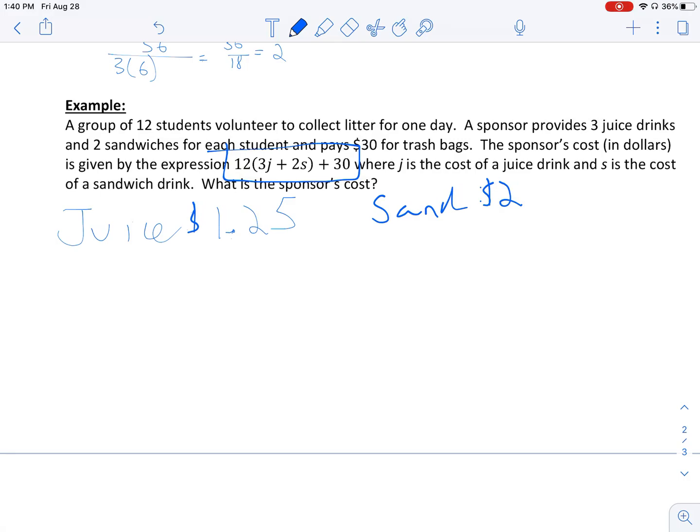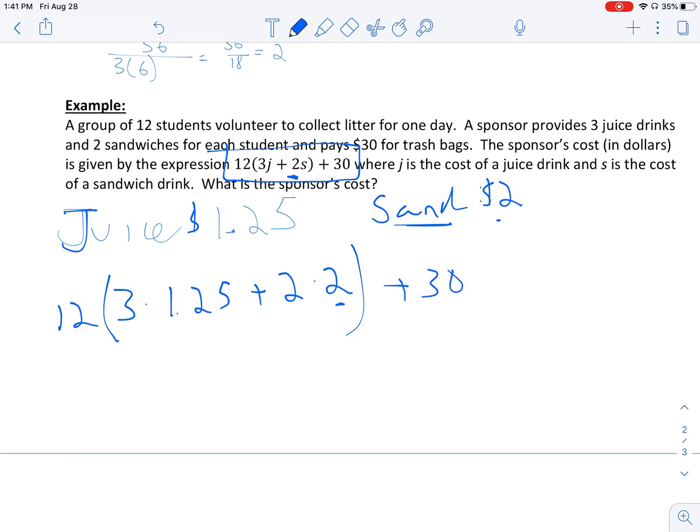So if we plug in our values for J, which would be juice, and S, which would be your sandwich cost, we get 12 times (3 times 1.25 plus 2 times 2), because 2 being the constant in the expression, and then the $2 for the cost of the sandwich. All right, and then plus your 30.